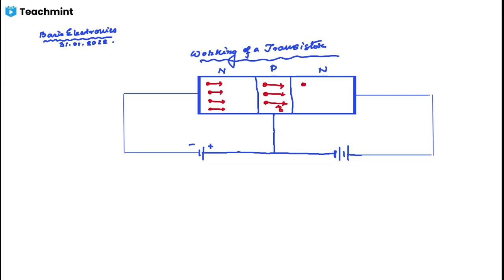Collector collects the current. Okay. So this is VEB. So the current is flowing in this direction.